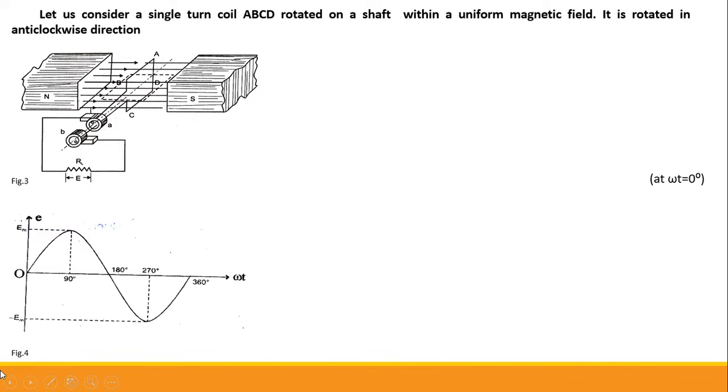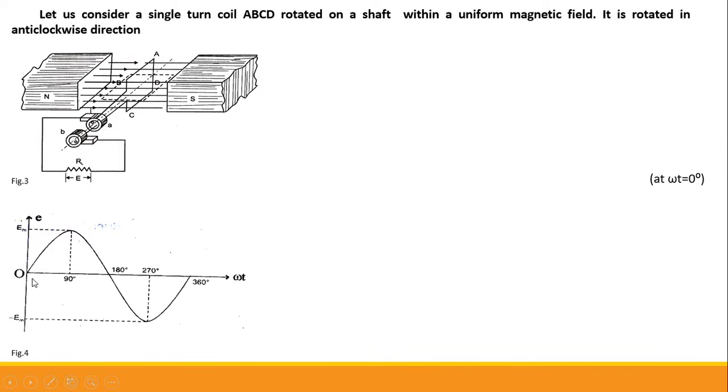And now look at the figure 4. Sine wave is shown here. Only one cycle drawn here at 0 degree. In x-axis we have taken omega t, that is radians per second. In y-axis we have taken EMF E. It is in omega t radians per second, that is in degrees.